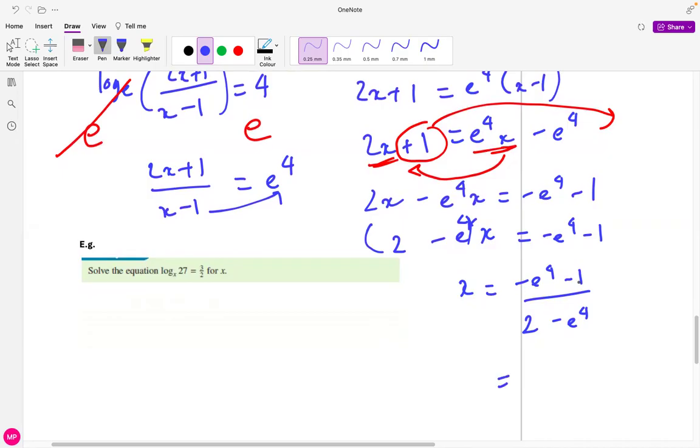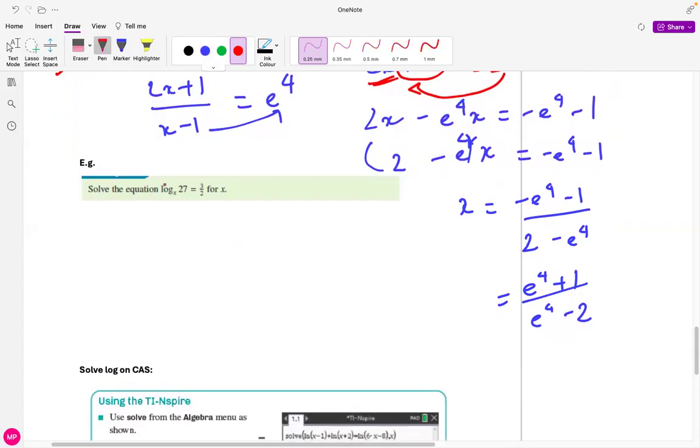We can multiply top and bottom by negative 1. So we have a^4 plus 1, and if you multiply the bottom by negative 1 as well, you can change this to a^4 minus 2. Okay.